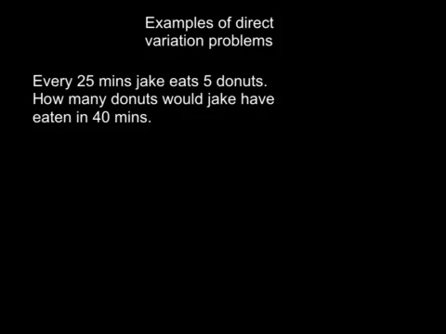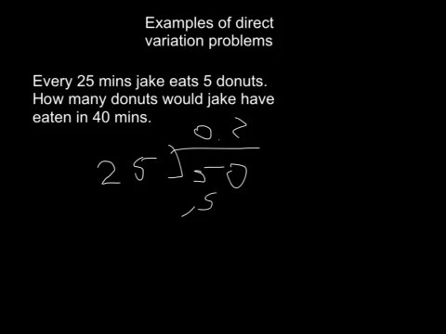So we do 5 divided by 25. So 25 goes 0 times, put a point, put a 0, 2. Minus 50. 0. So Jake eats 0.2 donuts in 1 minute.